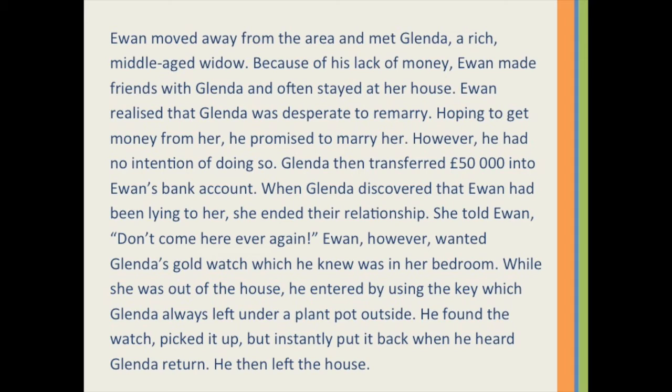When Glenda discovered that Ewan had been lying to her, she ended their relationship. She told Ewan, "Don't come here ever again." Ewan, however, wanted Glenda's gold watch, which he knew was in her bedroom. While she was at the house, he entered by using the key which Glenda always left under a plant pot outside. He found the watch, picked it up, but instantly put it back when he heard Glenda returned. He then left the house.